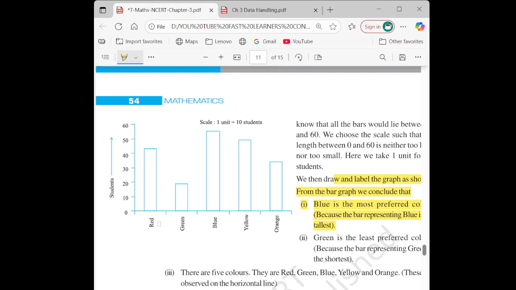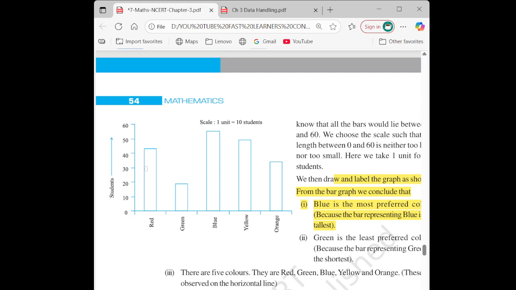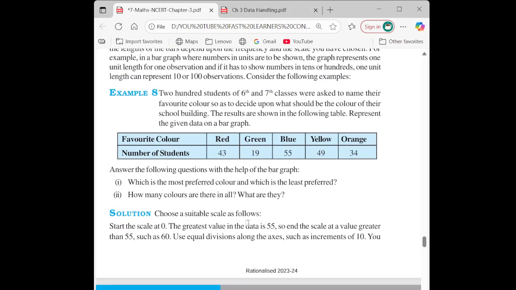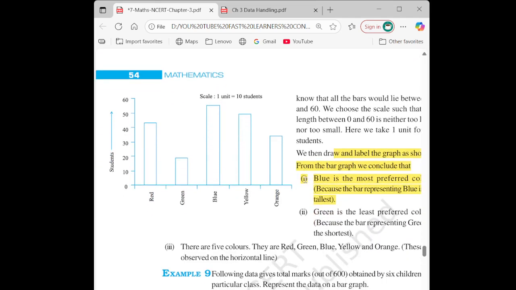This is the y-axis. So on x-axis we need to take whatever things are given here. Think about that. Suppose favorite color and number of students have been given, so you will take favorite color on x-axis and number of students on y-axis, because that's what you need to plot the graph about.